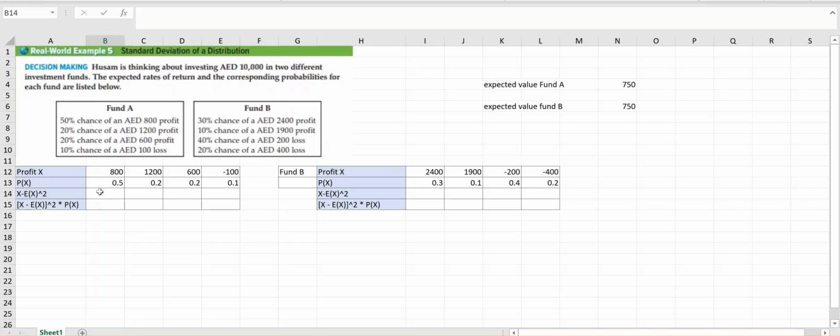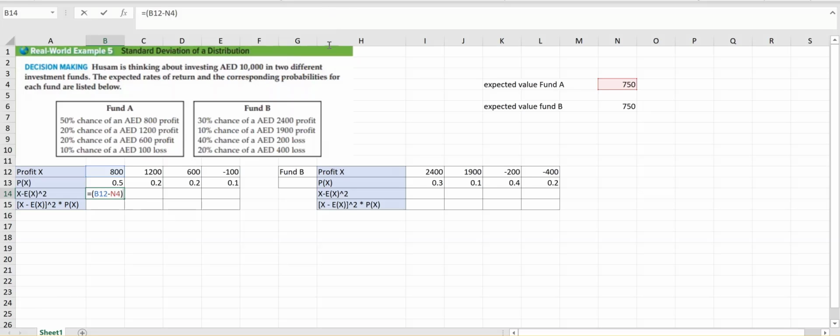So we put in equals, bracket, x, so this is 800, minus our expected value, which is 750, and we need to square this.